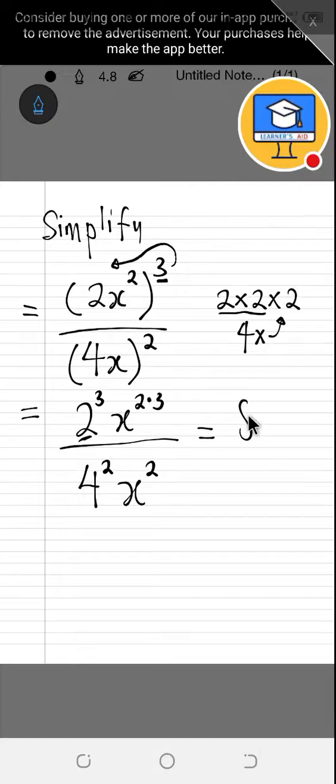So you have 8x to the power 6 divided by... 4 squared means 4 times 4. That's the meaning of 4 squared, meaning we repeat 4 two times. So 4 times 4 is 16. So you have 16x squared.